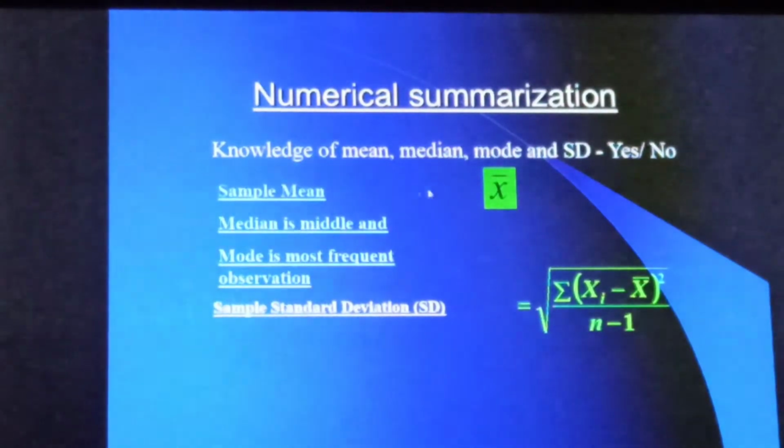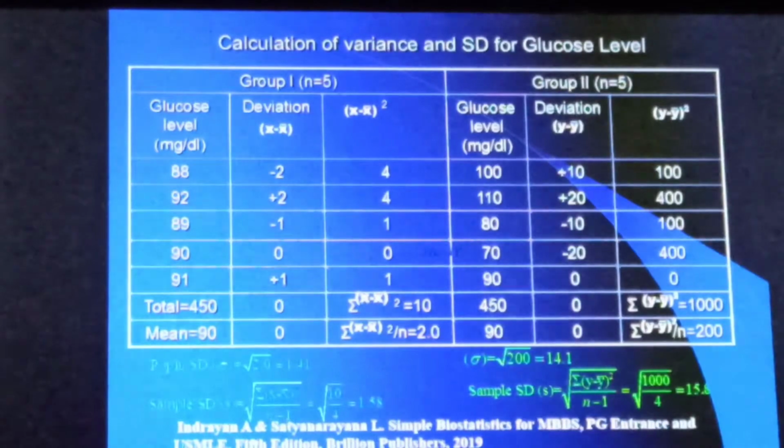So the sample mean, median and mode are central values, and standard deviation is the spread. Why go for standard deviation? We are looking at two series here: glucose level in group 1 and glucose level in group 2.